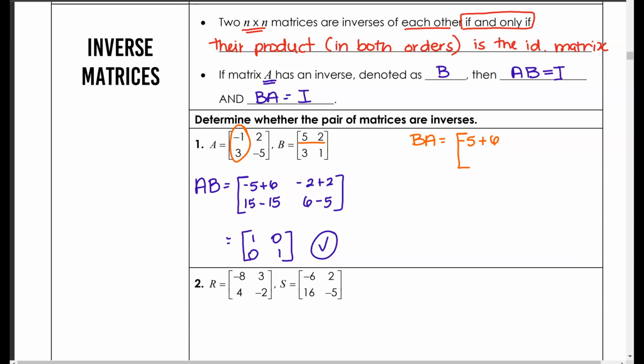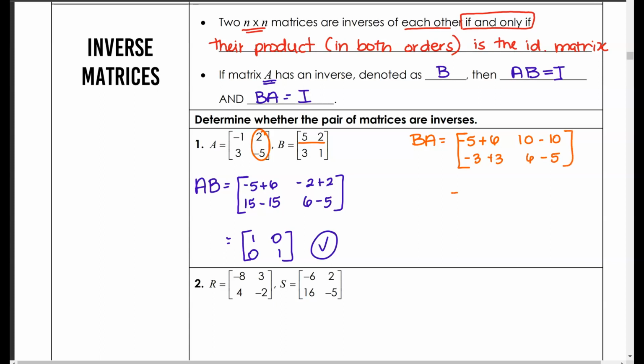So 3 times negative 1, that's going to give me a negative 3. 1 times 3 gives me a positive 3. Now we're moving on to the next column. So 5 times 2 gives me 10. 2 times negative 5 gives me negative 10. And then we're going to have 3 times 2 gives me 6. And that 1 times 5 gives me 5.